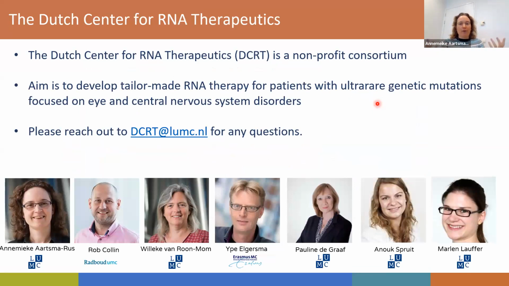And we're trying to set it up within an academic setting, and we're collaborating. So it's not just the Leiden University Medical Center where I work, but also Nijmegen and Rotterdam medical centers. Nijmegen works on eye, Rotterdam on neurodevelopmental diseases, and LUMC on neurodegenerative diseases. But we collaborate and share knowledge.